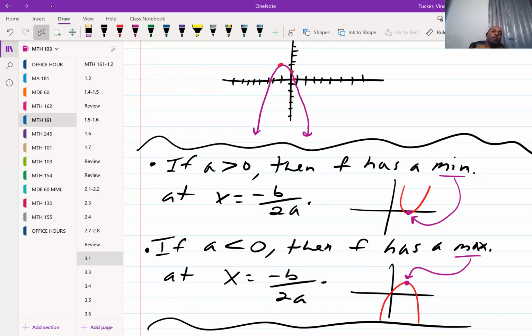If a is greater than 0, in other words, your parabola concaves up, you have a minimum at the vertex. And we talked about how you can calculate your vertex by using negative b over 2a. If your parabola concaves down, in other words, a is negative, then it has a maximum at your vertex. And we talked about the coordinates there.